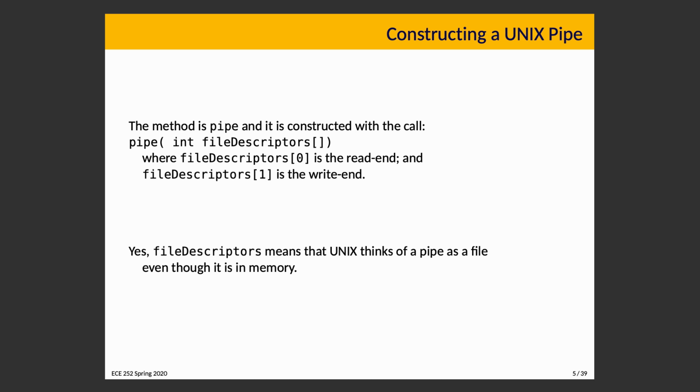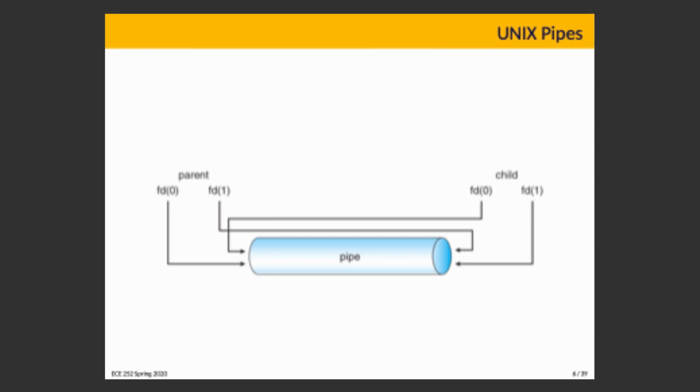And yes, this does mean that the pipe is thought of as a file, but you know already that Unix thinks everything is a file. A pipe is in memory, but it doesn't matter. We'll interact with it as though it is a file. So a pipe would look something like this.